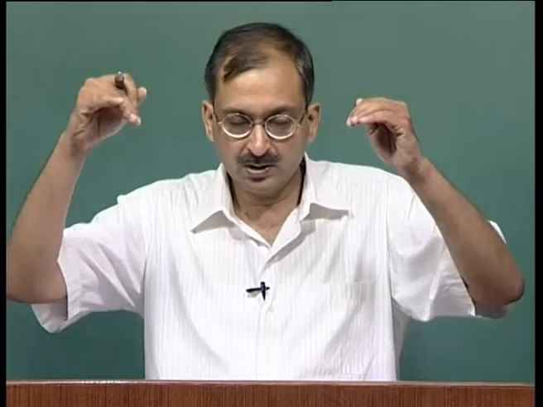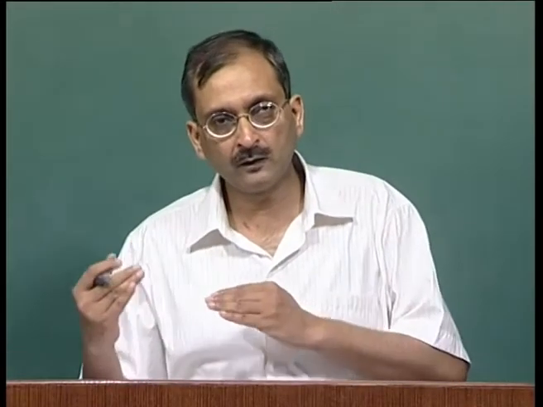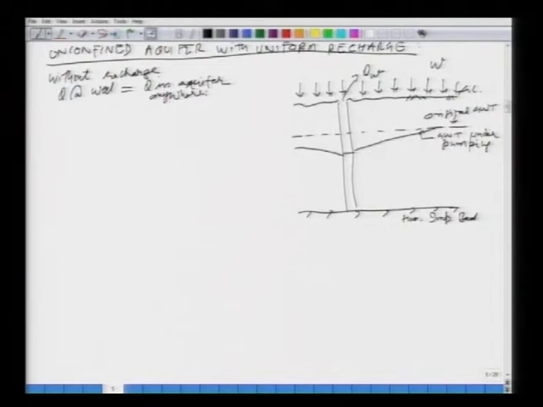Because there is an additional input, an additional amount of water that is going in and contributing to the storage of your unconfined aquifer, and this recharge will contribute a certain amount of flow towards the well when we are pumping out. So, as we go away from the pumping well, as r is increasing, the amount of discharge in the unconfined aquifer will be varying or different. This is very important to realize.